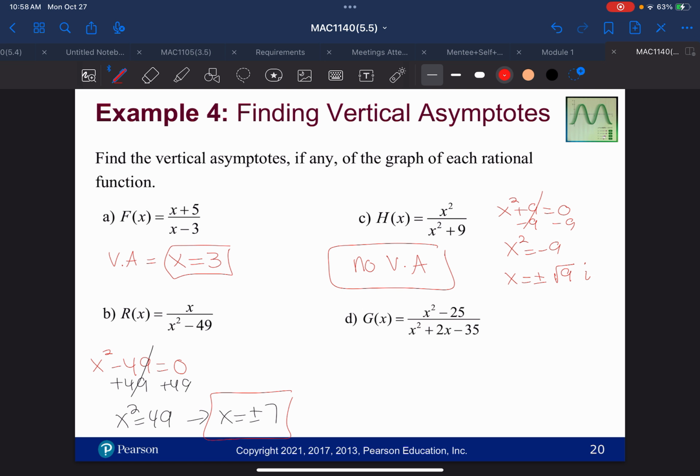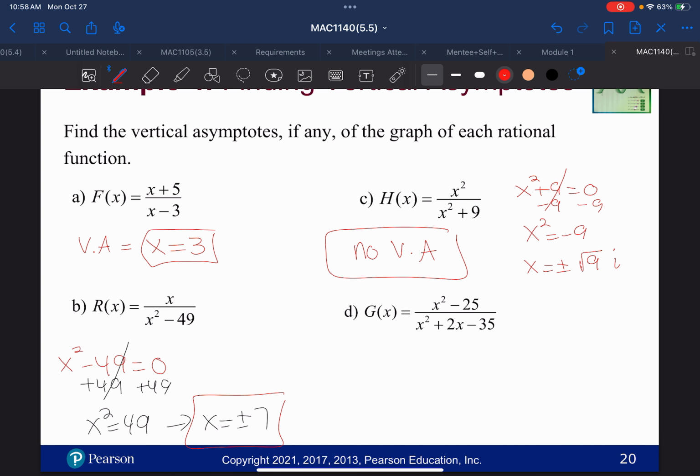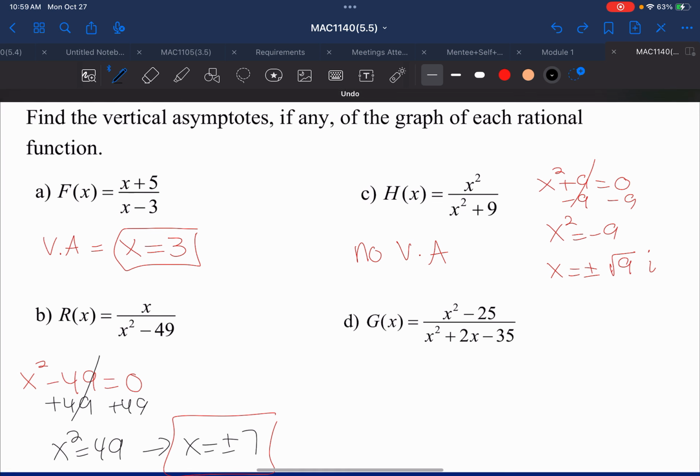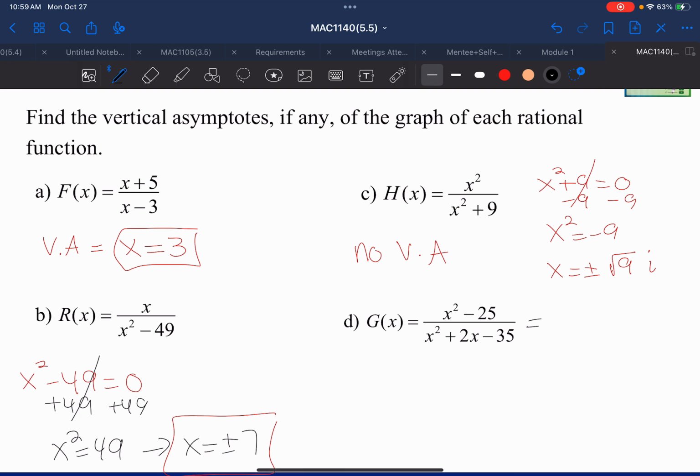The next one is x squared minus 25 over x squared plus 2x minus 35. So this one I'm going to want to factor the top and the bottom. The top will factor to x plus 5 times x minus 5.